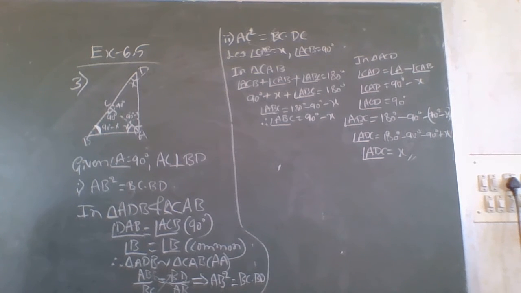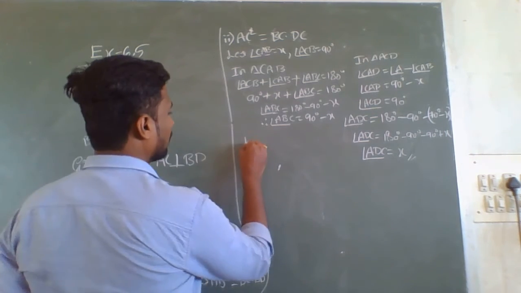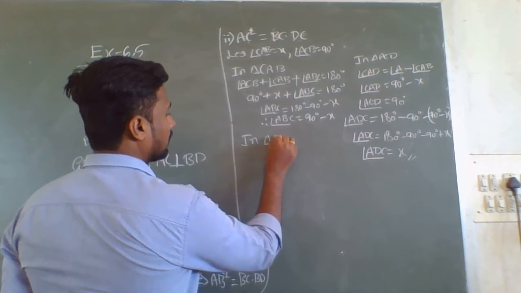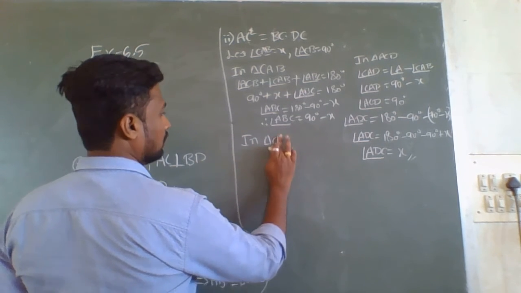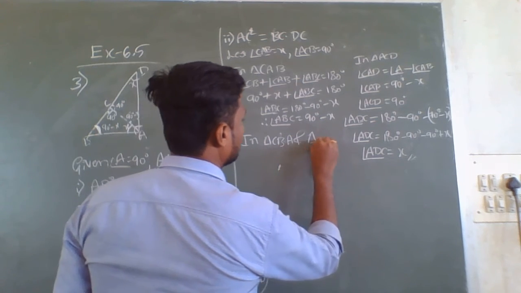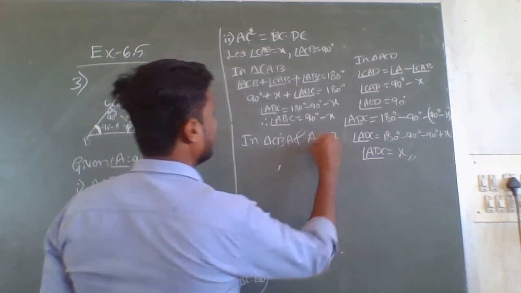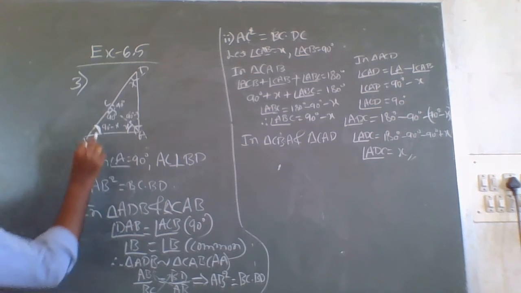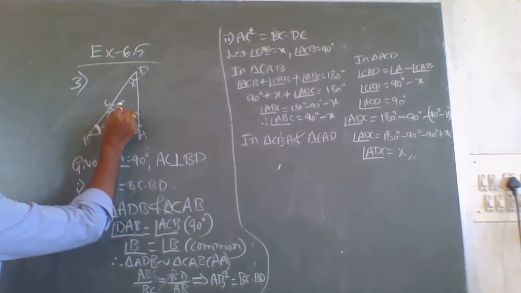Now I will consider two triangles, CBA and CAD. We have to prove these two triangles are similar. In triangle CBA and triangle CAD, these two angles are 90 degrees.